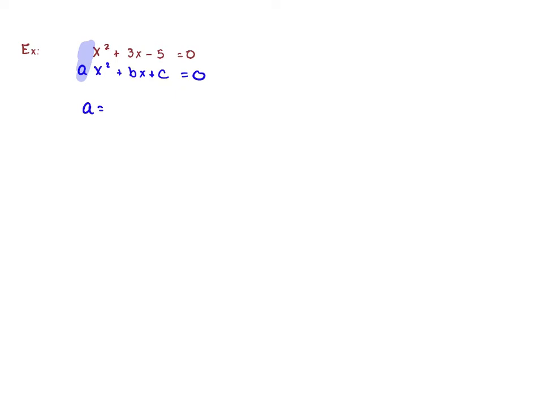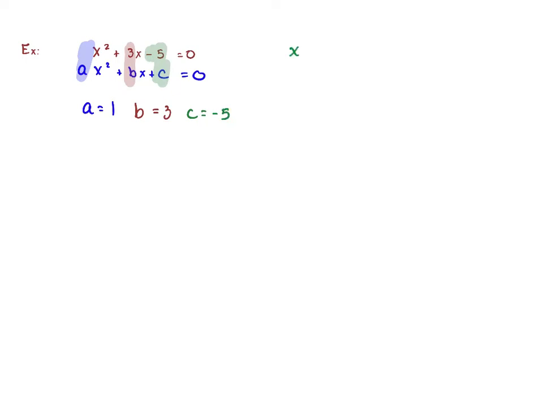In this case, there's nothing showing. That's an implied 1. And then b is whatever's in front of the x term. So in this case, a 3. And the c is that constant term, the term that's at the end, in this case, a negative 5.